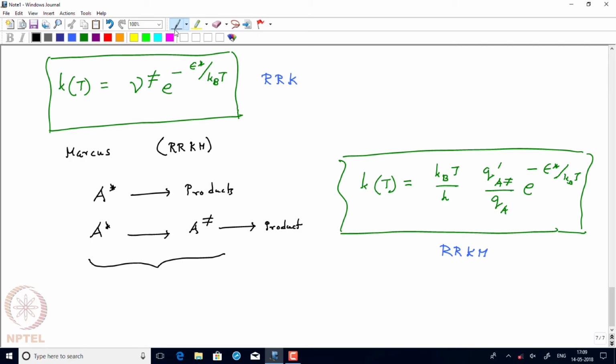Now we cannot show it again because it involves a lot of understanding of classical statistical mechanics, which is beyond the scope of discussion, and a lot of understanding of the classical phase space. If you remember, I told you that transition state theory is inherently a classical theory, because the transition state corresponds to a saddle point in the coordinates of the potential energy surface, which has a very precise momentum and position.